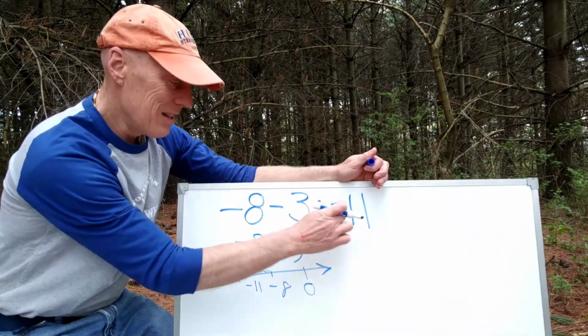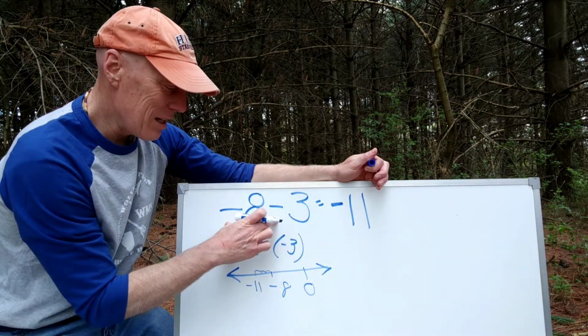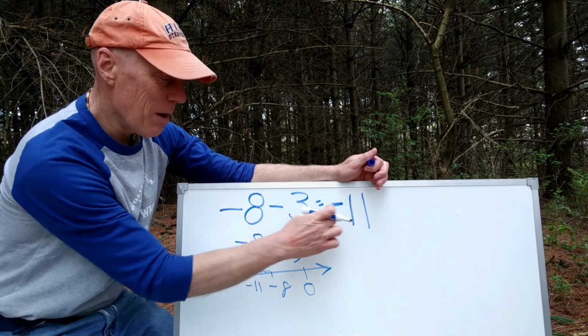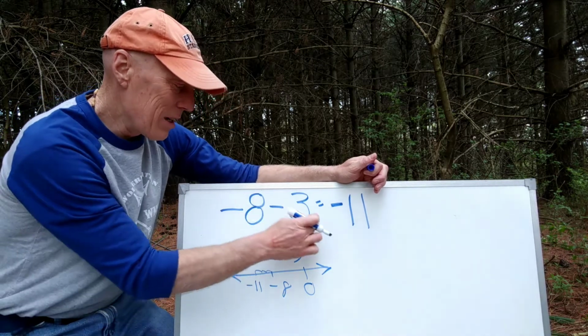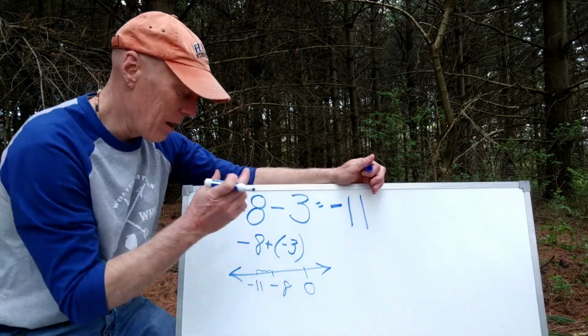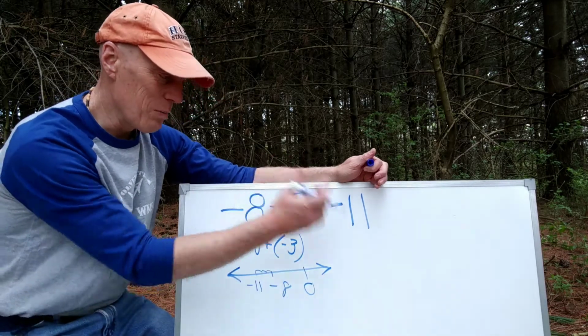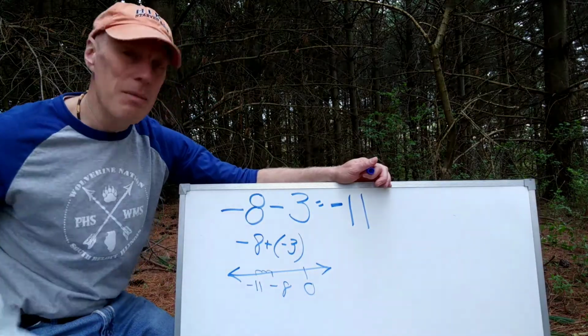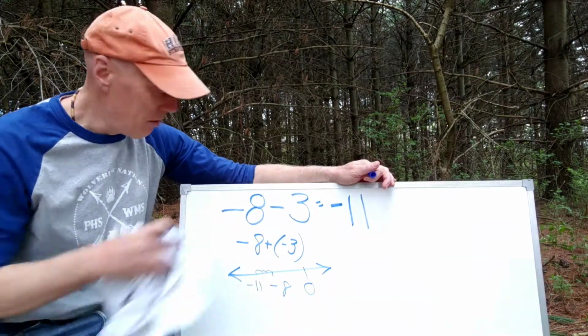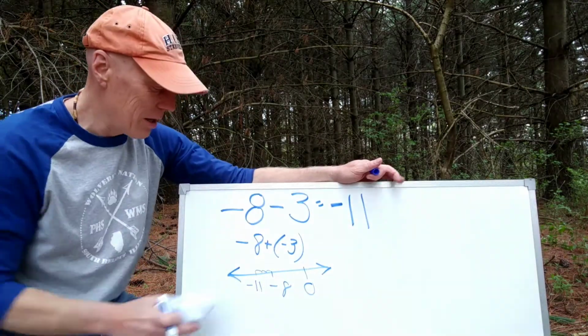Same sign in the first part of the problem, we'll have the same sign in the answer. Subtracting 3 is the same as adding a negative 3. It's a negative 8 and negative 3, which will make a negative 11. It works that way every time. I don't care what the digits are. Fill in any old digit you want. That's the way it's going to happen.